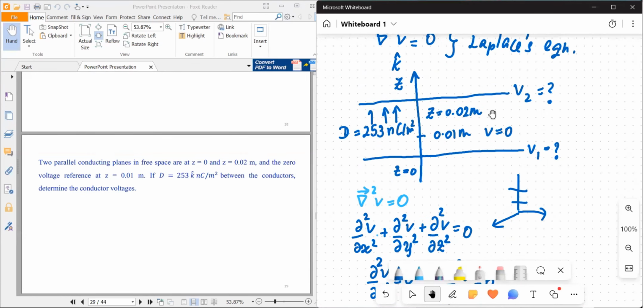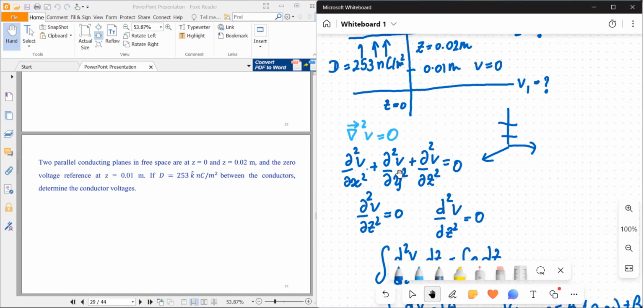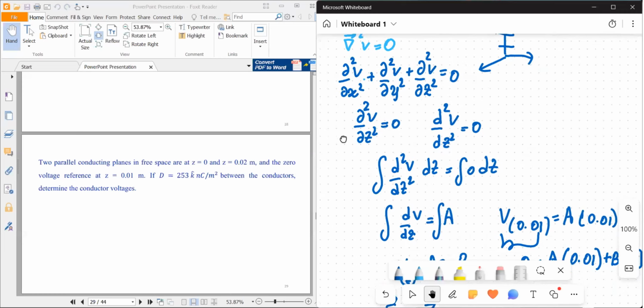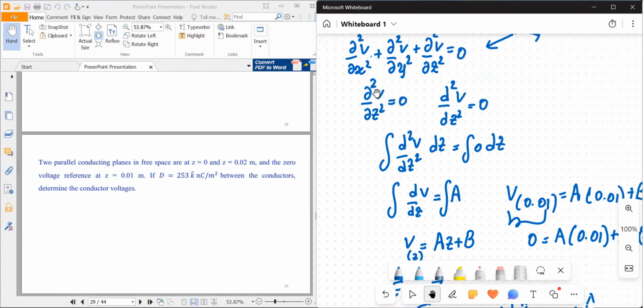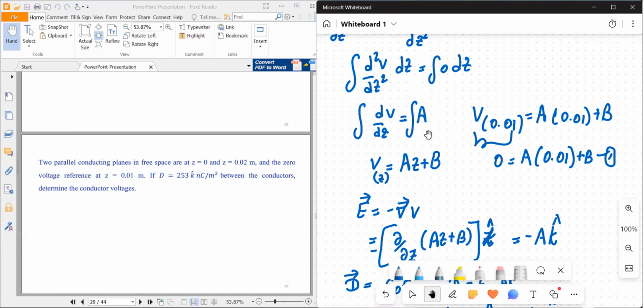So first we did a little sketch and then we selected the proper coordinate system that we need to use. And then we identified that in this situation, it is only dependent on the z-axis. So we reduced the Laplace equation into one dimension. And then by direct integration, we obtained an equation for the electric potential.